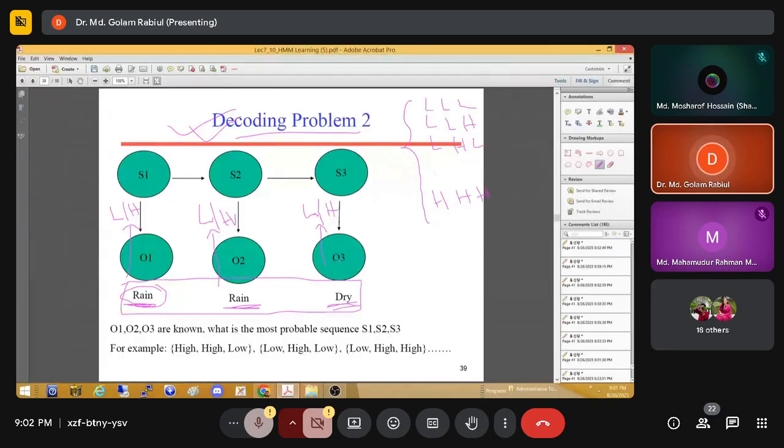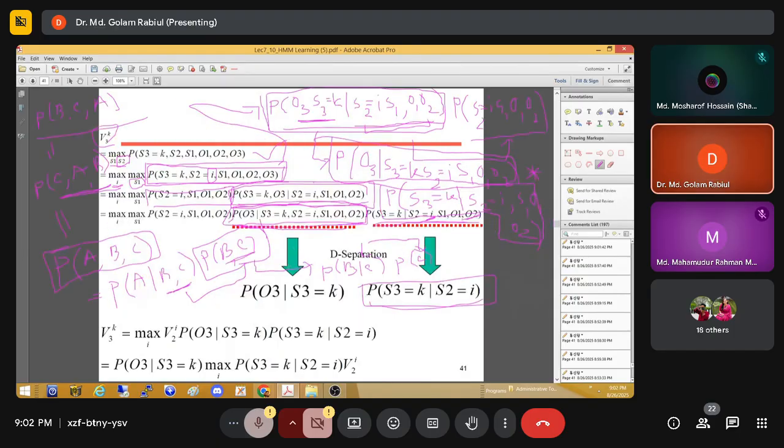So in this case, there is no direct link between observation 3 and observation 2. So observation 3 will only depend on the states. So that's why this probability we can rewrite as the probability of observation 3 given state 3 equal K.